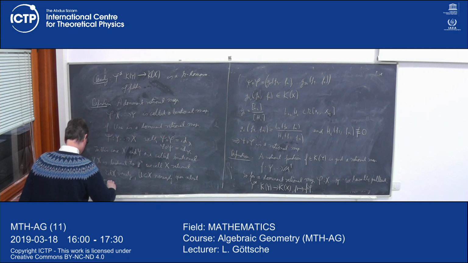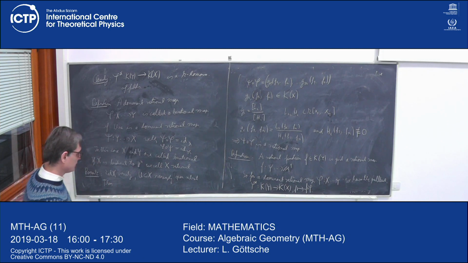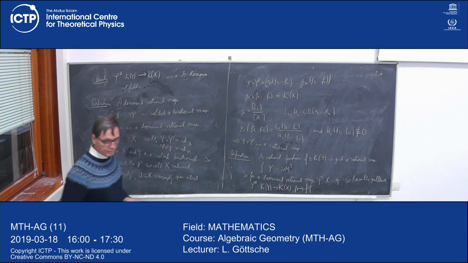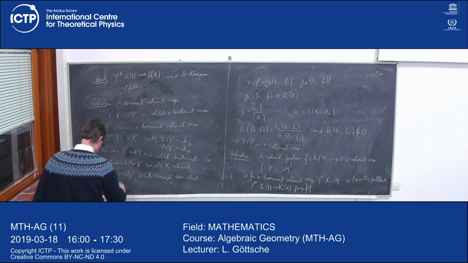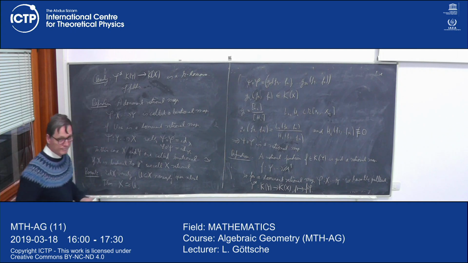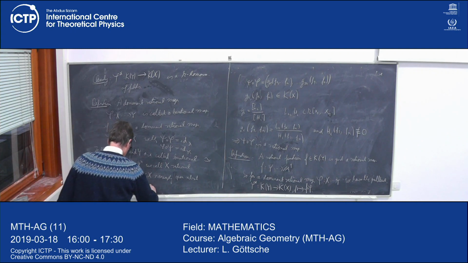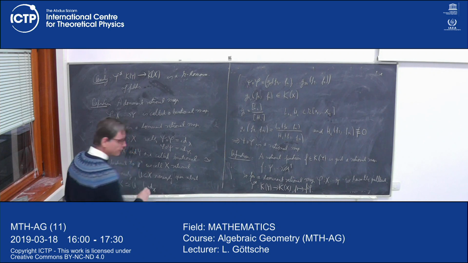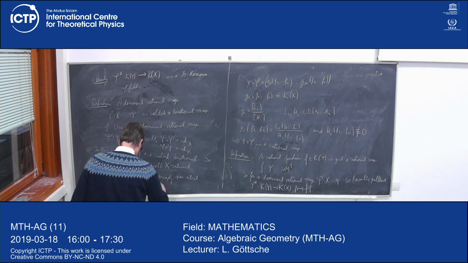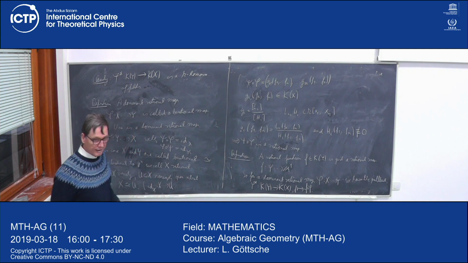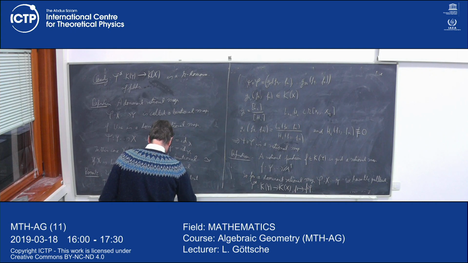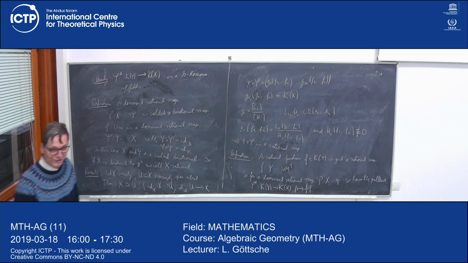Then X is birational to U. This is clear: the identity of X restricted to U is a rational map from X to U, and its inverse is the identity of U, which is a morphism from U to X, and these are inverse to each other.